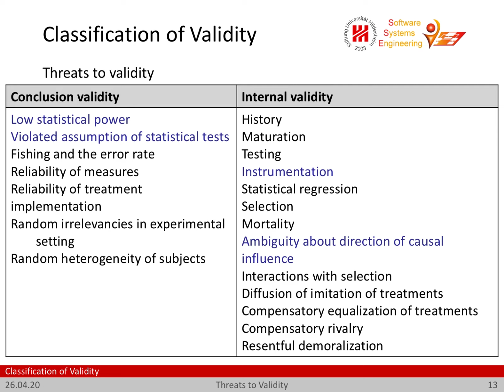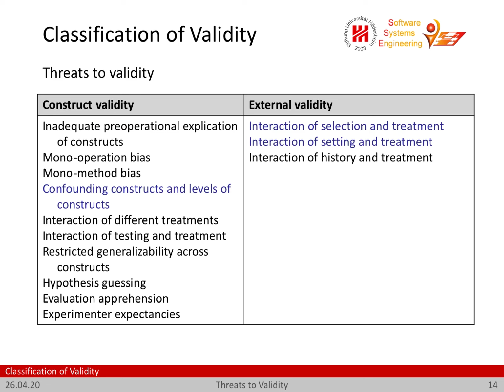Then for internal validity, there may be things like history, earlier iterations that impact all that, maturation, meaning with experience things change, the instrumentation may be wrong, etc. Similarly, for construct validity and external validity, there are many things that just may go wrong.